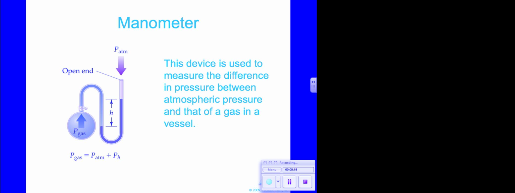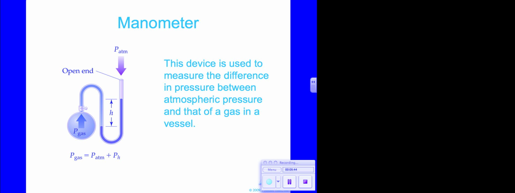Another way to measure pressure is using a manometer. A manometer measures pressure, but rather than atmospheric pressure, we're measuring the pressure of a specific gas that's in a container. In our example, we've got some gas in this vessel, which has a tube with some mercury in it. Before the gas was released into this tube, the mercury was level.